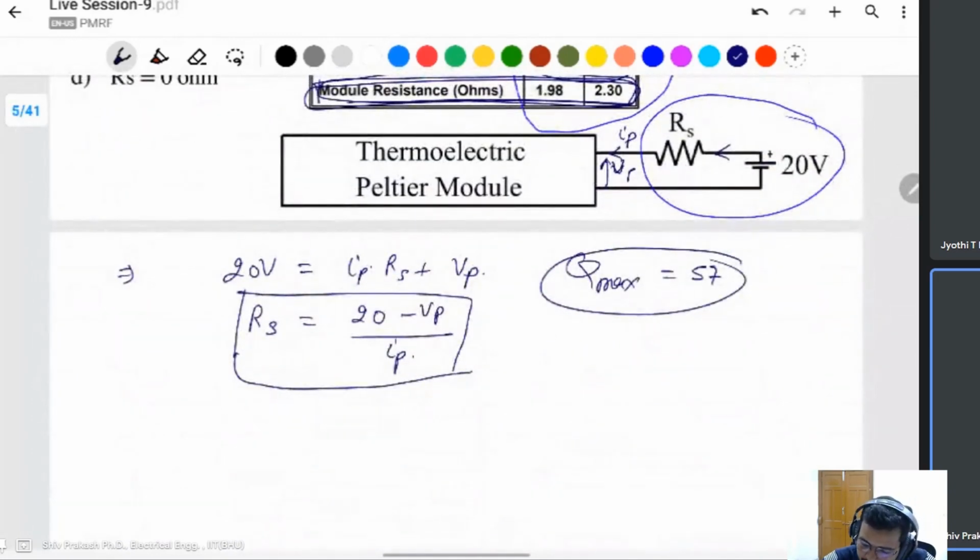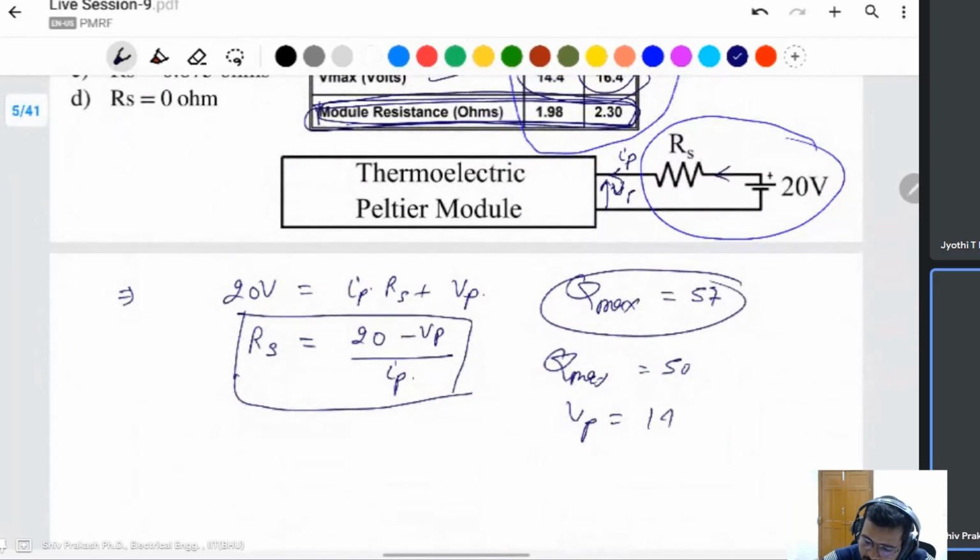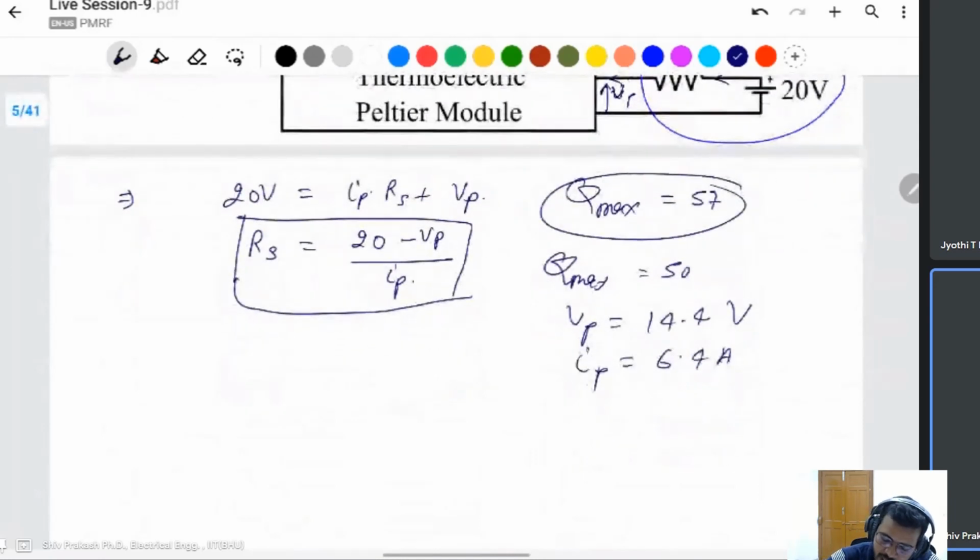If you take Q max as 50 watt, then VP is 14.4 volt and IP is 6.4 ampere. And what is the RS? 20 minus 14.4 divided by 6.4.